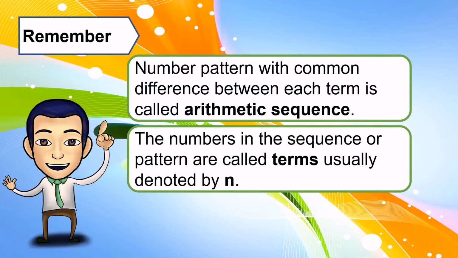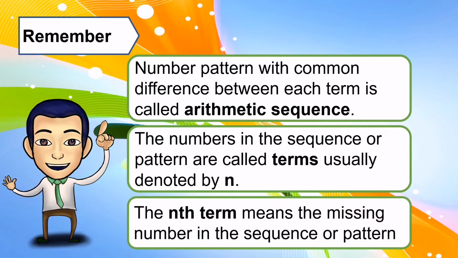The numbers in the sequence or pattern are called terms, usually denoted by the letter n. So, we call it the first term, second term, and so on. The nth term means the missing number in a sequence or pattern, and that is what we are going to find.